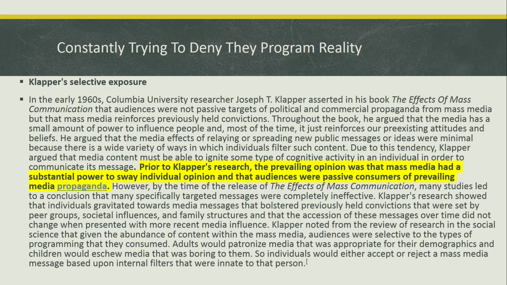So watch this. Prior to Clapper's research, the prevailing opinion was that mass media had a substantial power to sway individual opinion, and that audiences were passive consumers of prevailing media propaganda, which is true.